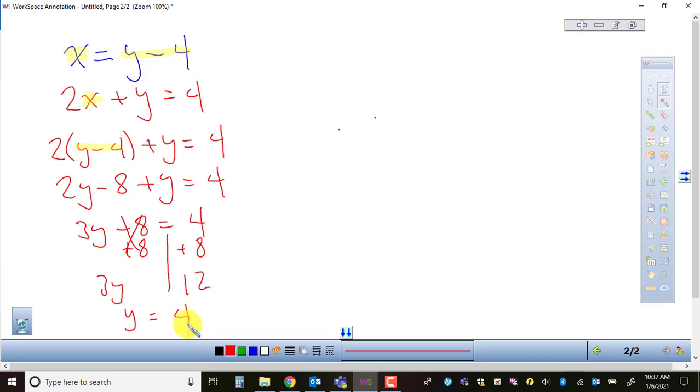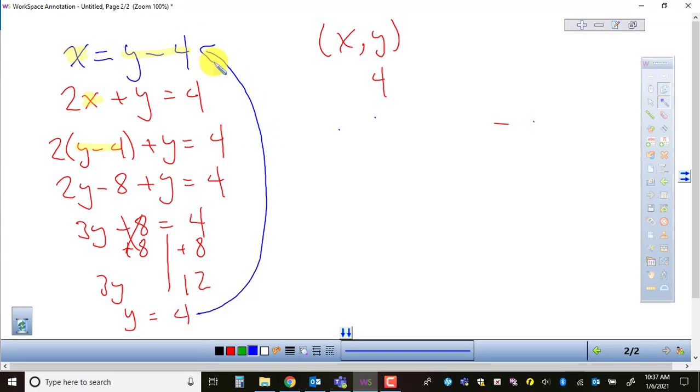Now again, I'm not finished with this system of equations. I've only found the y value in my ordered pair. So now I can replace the y value with 4. I need to solve now for x. So to do that, I'm going to use substitution one more time. I'm going to substitute my y again back into this top equation. So I know that y is equal to 4.